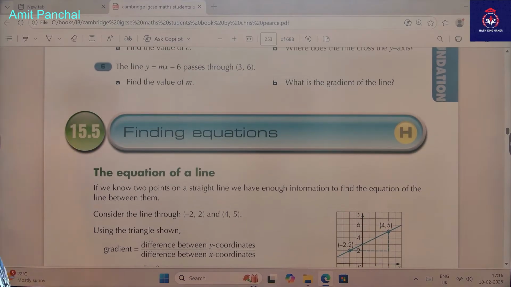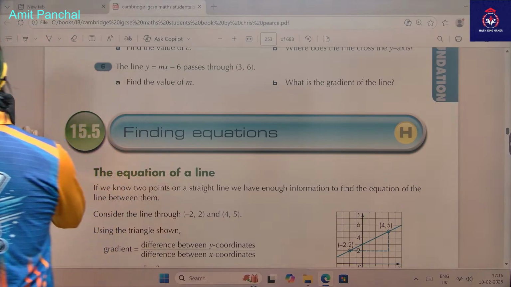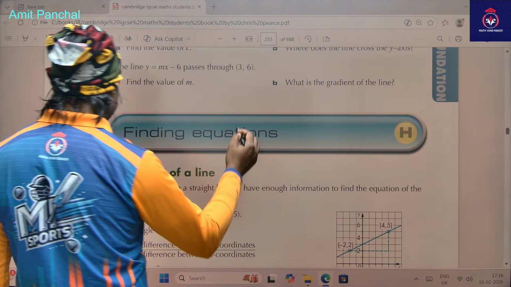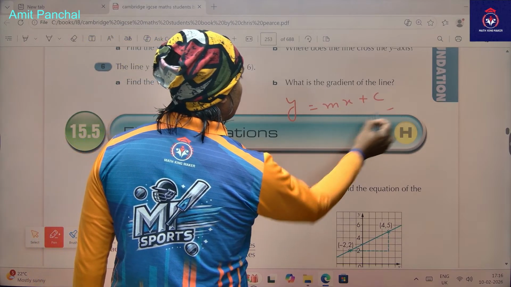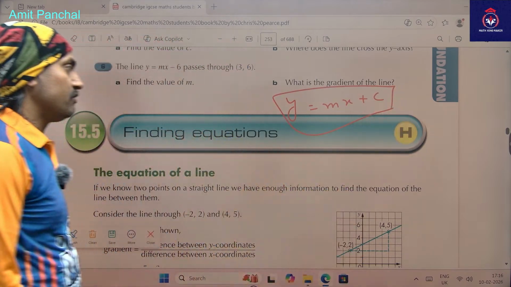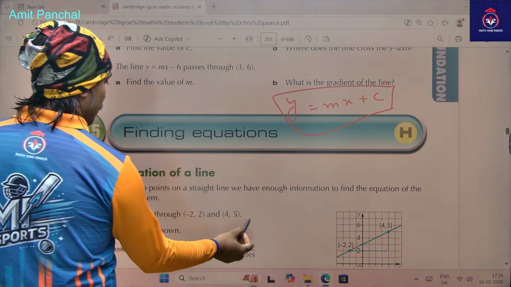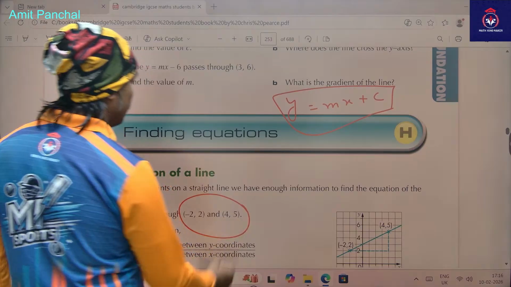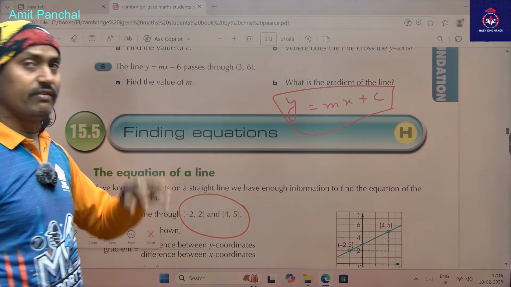If you want to find an equation, the equation is y equal to mx plus c. So if you have your slope and the intercept made with the y axis, you can find out the equation. Just consider these are 2 points, minus 2, 2 and 4, 5.